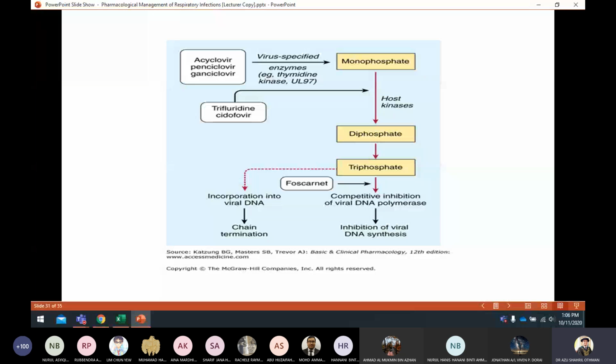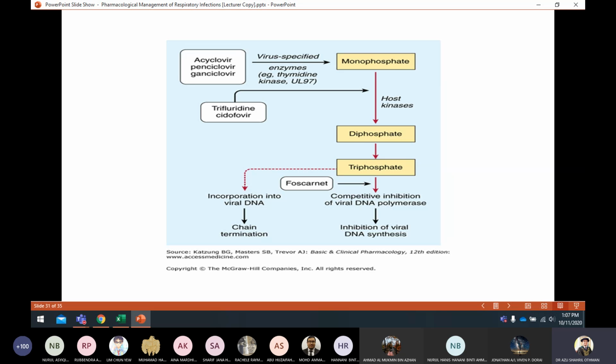And why is this important? This is important because the mechanism of resistance of viruses to the acyclovir family, acyclovir, penciclovir, ganciclovir, usually involves thymidine kinase.